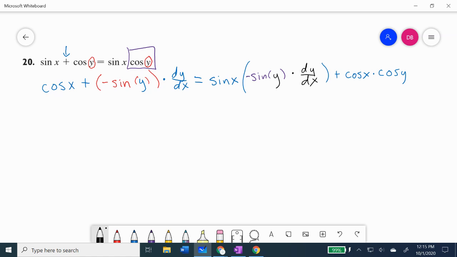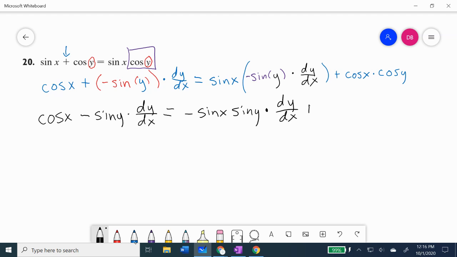Now I need to simplify maybe a bit and get my terms together. Isolate that dy dx. And so taking a look at it and carefully simplifying, I have a plain old cosine x minus a sine y times dy dx equal to, however much you want to bring those together, don't, negative sine x times sine y times dy dx plus cosine x times cosine y.